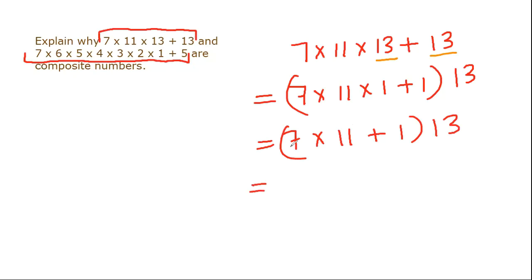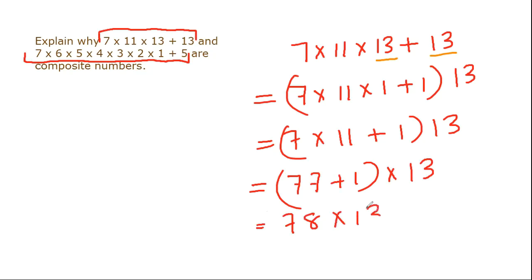Next, I am applying the BODMAS rule. First, I solve what is inside the bracket: 7 into 11 is 77, plus 1 is 78, into 13.